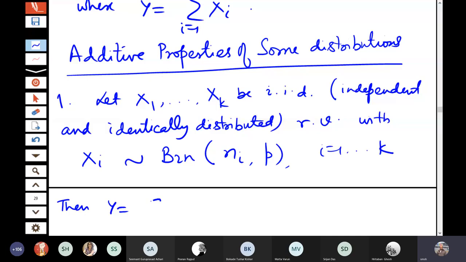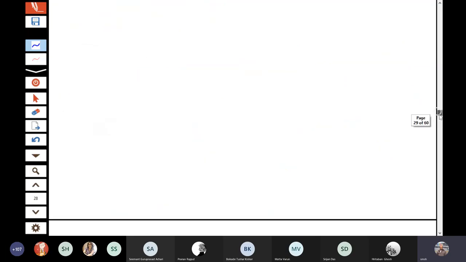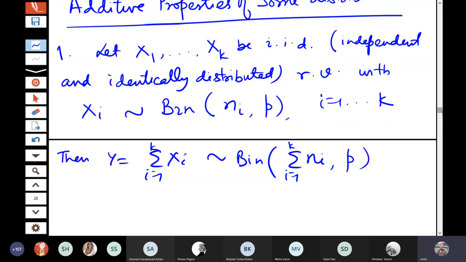Then y equal to sigma xi will follow binomial again with sigma ni and p. That means the binomial distribution is additive if the probability p is constant.